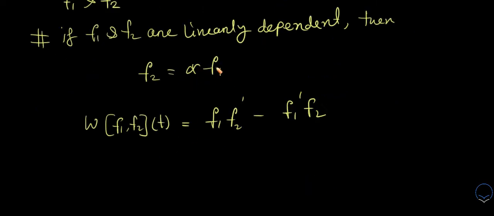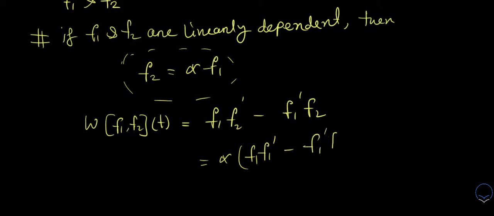And if you use this relation, this will be alpha times f1 times f1 prime minus f1 prime times f1, which is just 0.